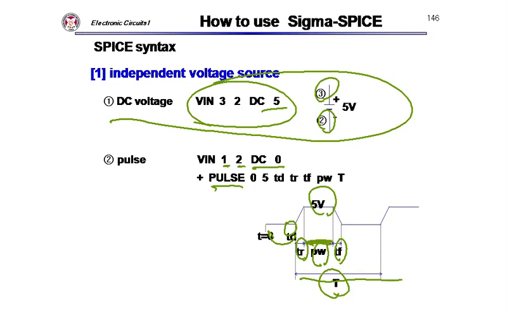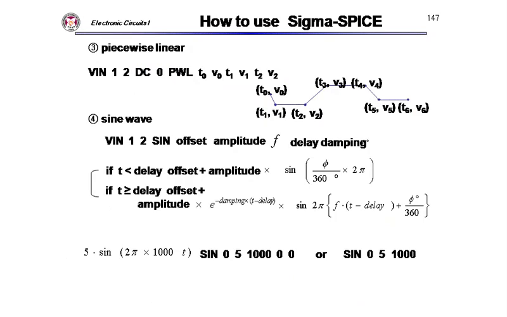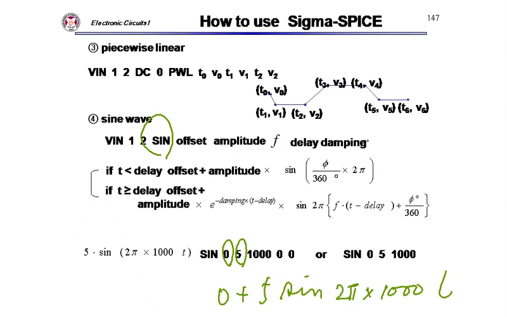This is high time. This is a period, right? Some sine wave. If you put sine wave 0, 5, this is 0 plus 5 sine 2 pi 1000. So there is no delay, something like that.